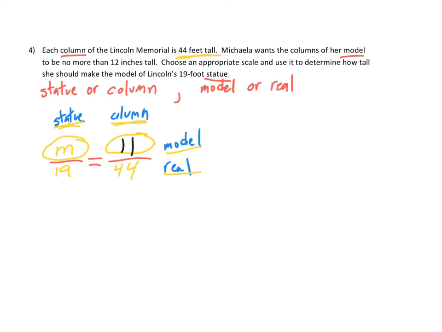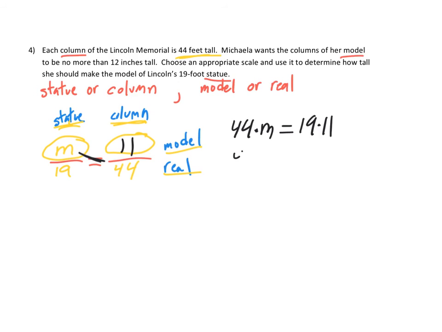Now I have my proportion all set up. It's time to cross multiply and set the products equal. I know that 44 times M is one cross product. Since this is proportional, there's an equal sign in there, so the cross products must be equal, and the other cross product is 19 times 11.